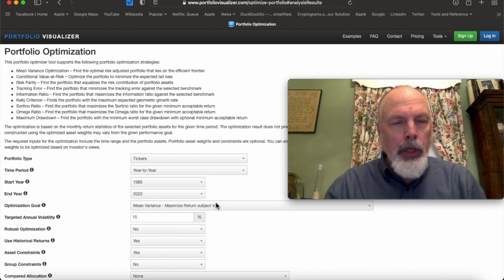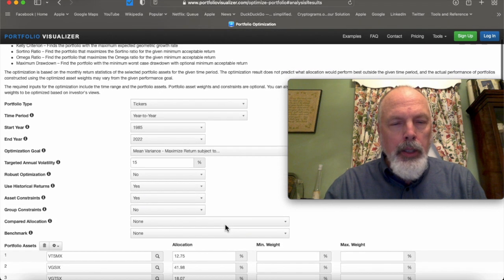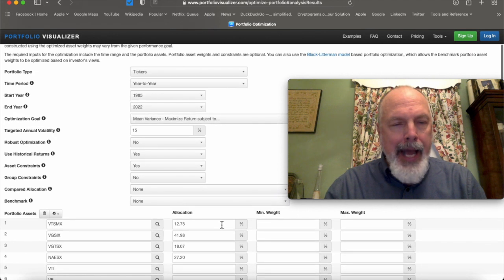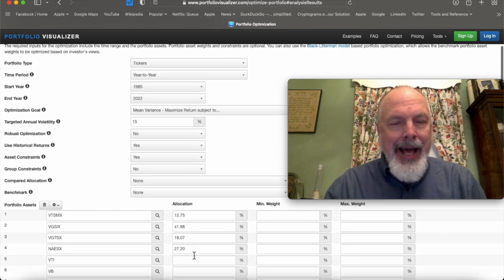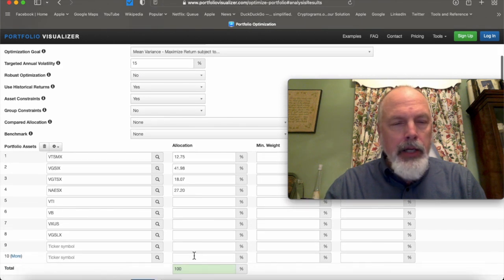And again, we're going to optimize the goal of maximum return subject to the 15% volatility. Now, one of the things I did here was I added those assets with the weights, but I've added back in the ticker symbols that I'm currently using.